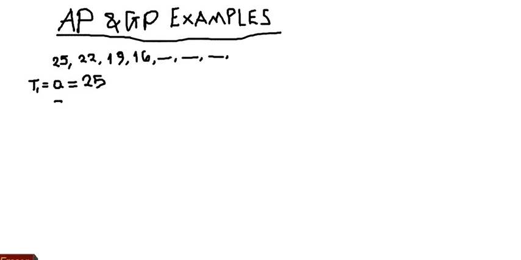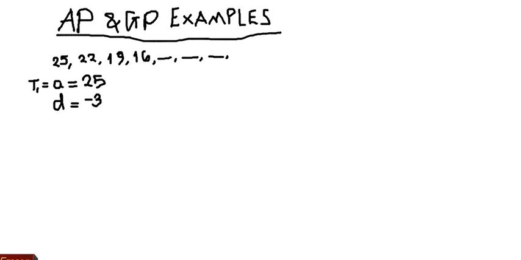Then the common difference we are getting when we subtract consecutive terms is negative 3. Please take note that, for example, between the first two terms, we will not subtract and say 25 minus 22.